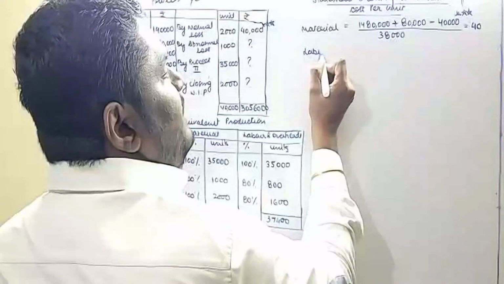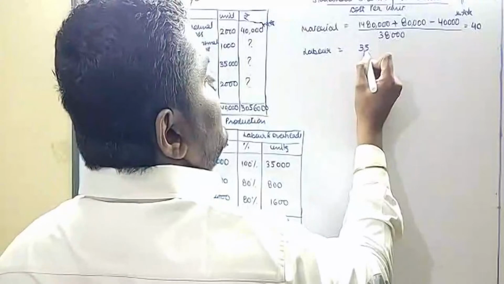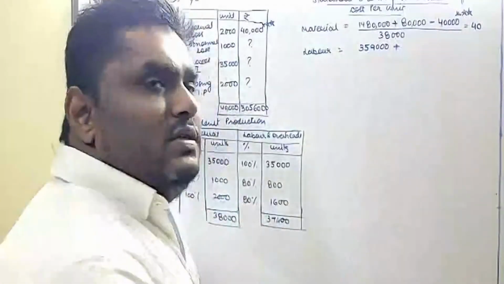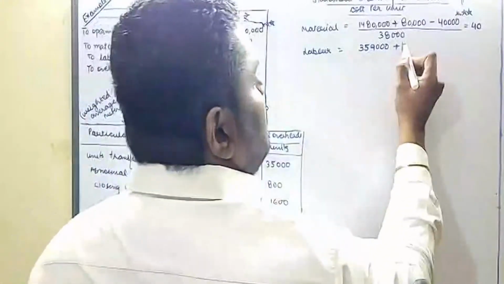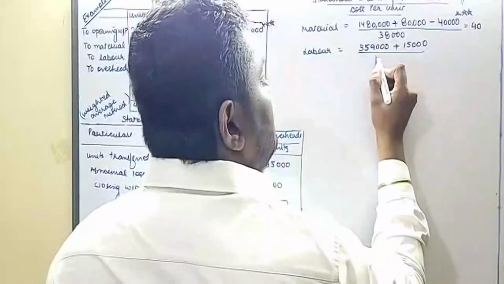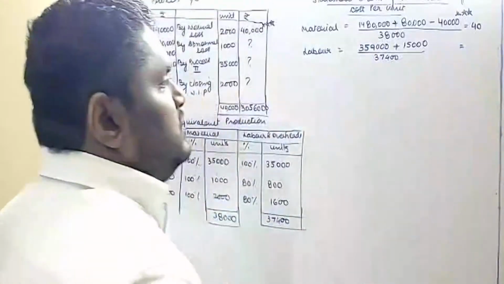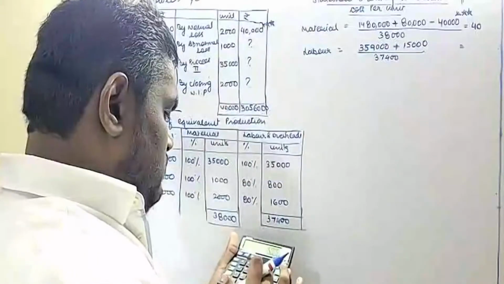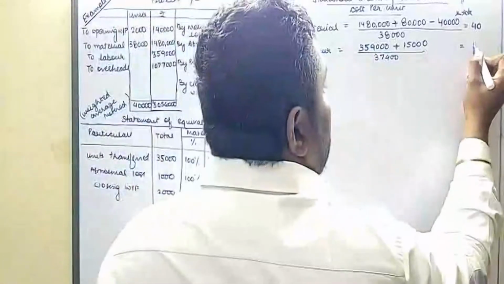In respect of labor cost, the cost incurred this year is 3,59,000 plus the cost incurred in the previous year is 15,000, divided by 37,400. So my cost per unit will be rupees 10.